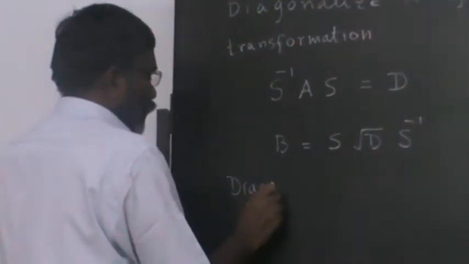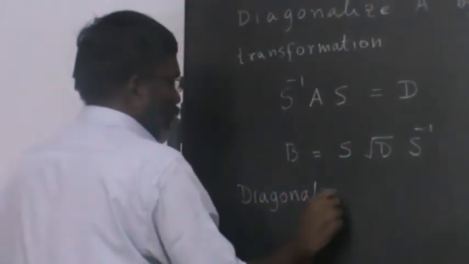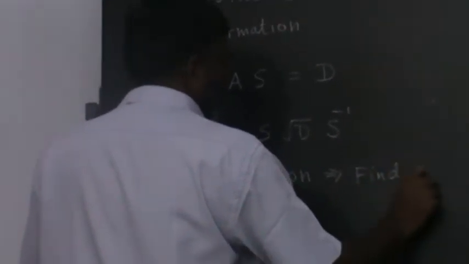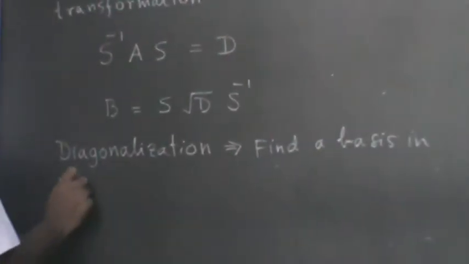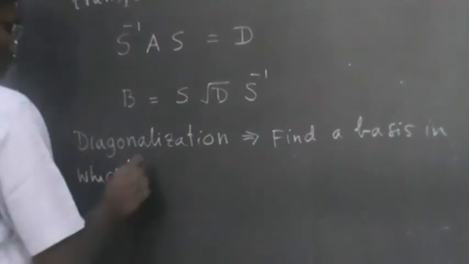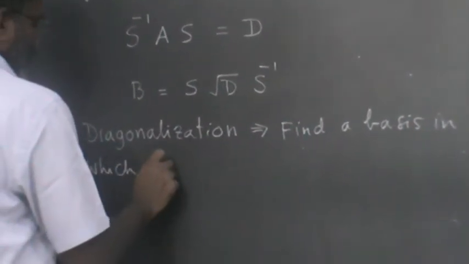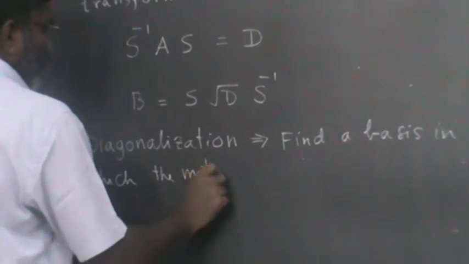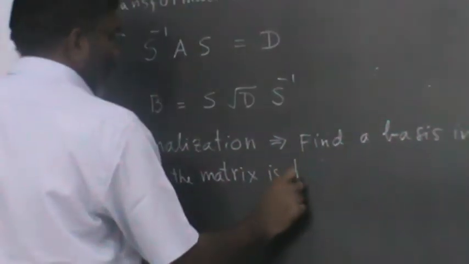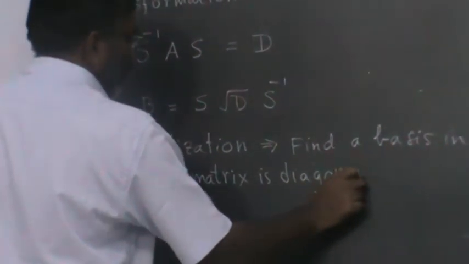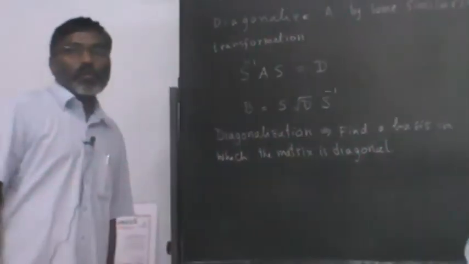Diagonalization implies find the basis in which the matrix is diagonal. Find the basis in which the matrix is diagonal.